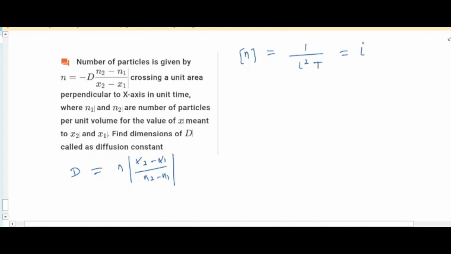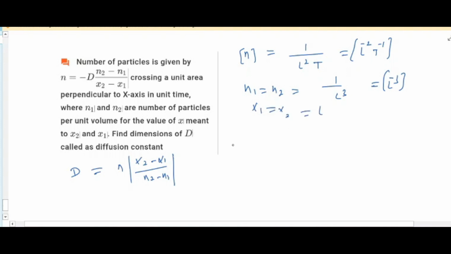Therefore, this becomes L to the power of minus 2 T to the power of minus 1. And N1 and N2 are number of particles per unit volume, L cube. This becomes L to the power of minus 3. And X1 and X2 are distance.